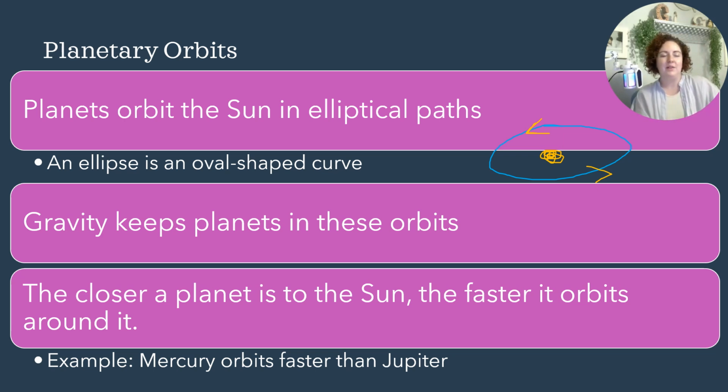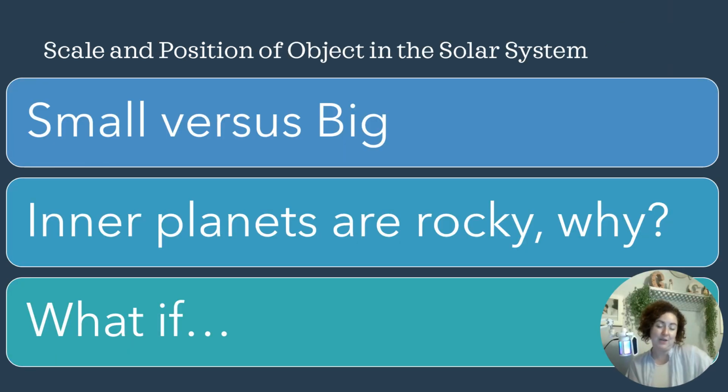Okay, now, like I said, I'm going to ask you a lot of what if questions. So, scale and position of objects in our solar system. Let's talk about small versus big. We have started talking about how the 4 inner planets are very, very small in relation to the 4 outer planets that are very, very large.